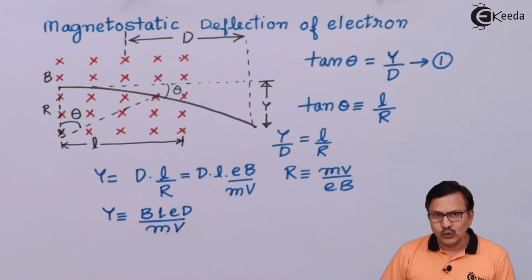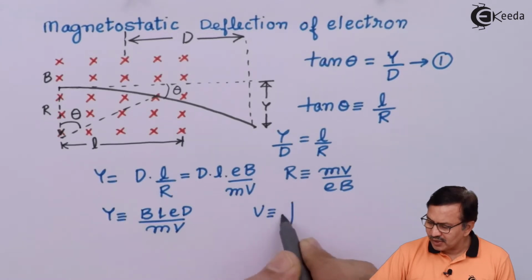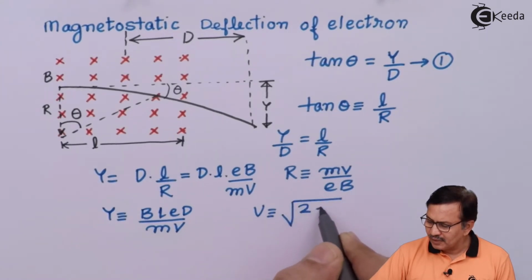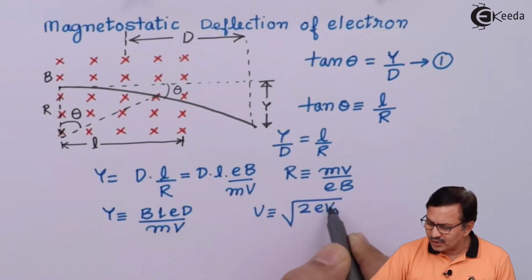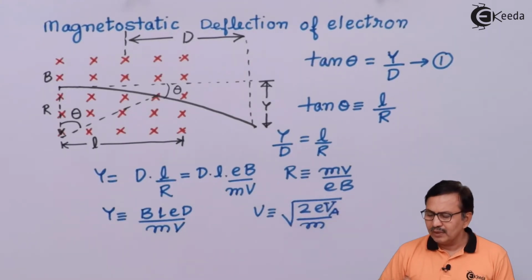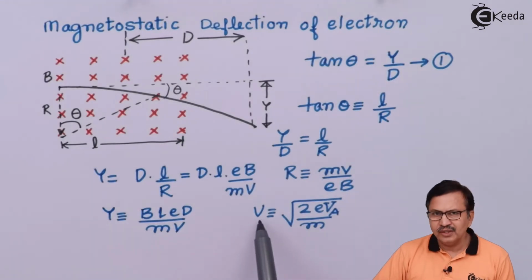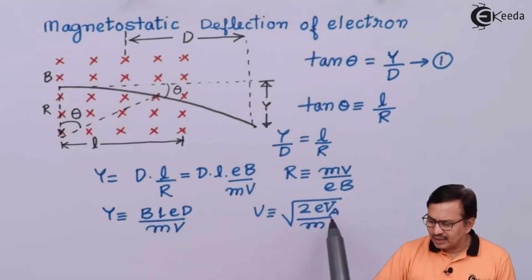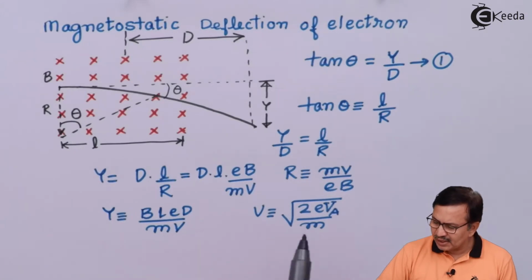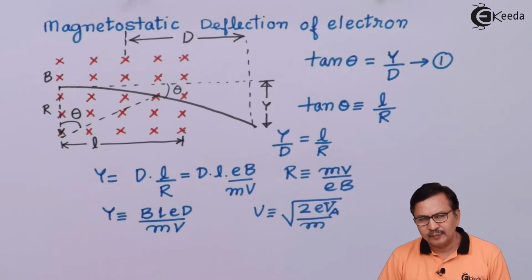But we also know that the velocity v is given by the expression square root of 2e into VA, this is the voltage, divided by m. So this is the velocity which the electron acquires whenever it is accelerated through a potential difference of VA. So I make this substitution over here, and then I get an expression for y.